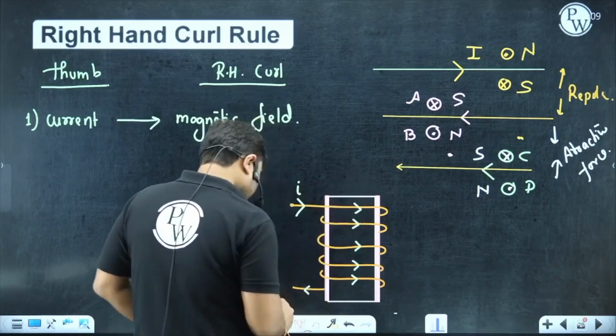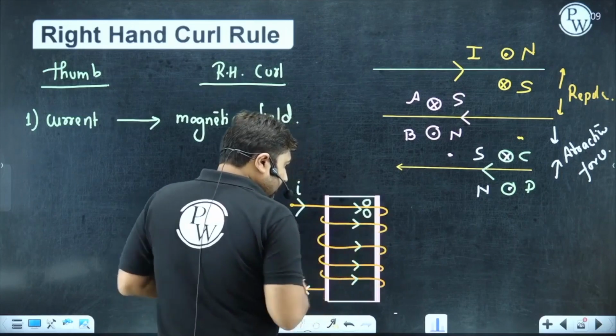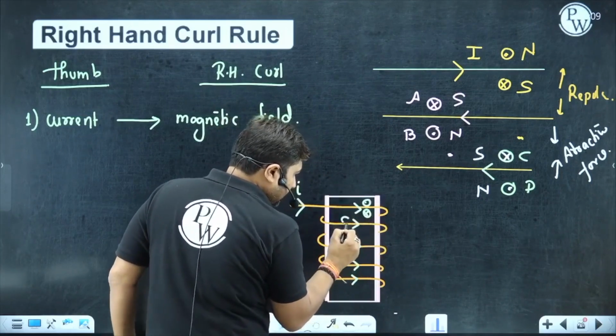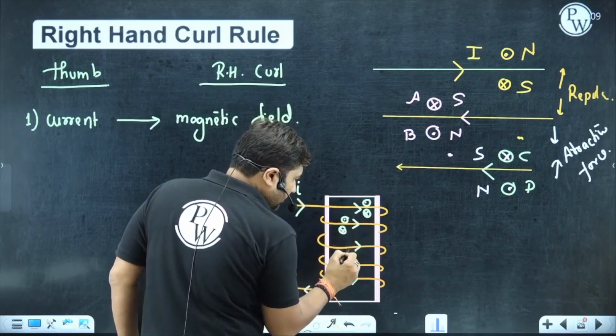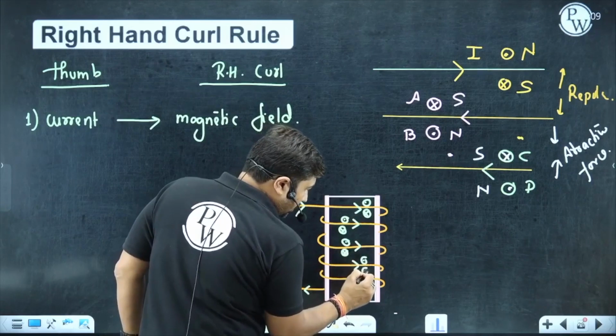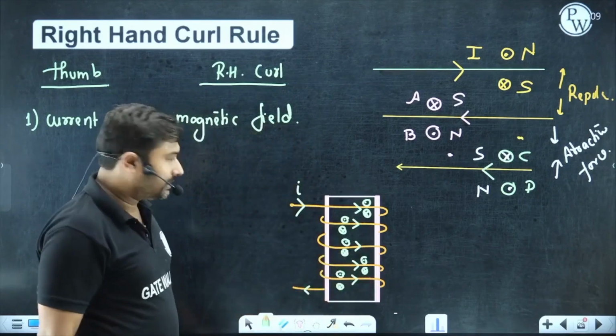So it will create this as a dot and this as a cross, again dot, cross, dot, cross, dot, cross.